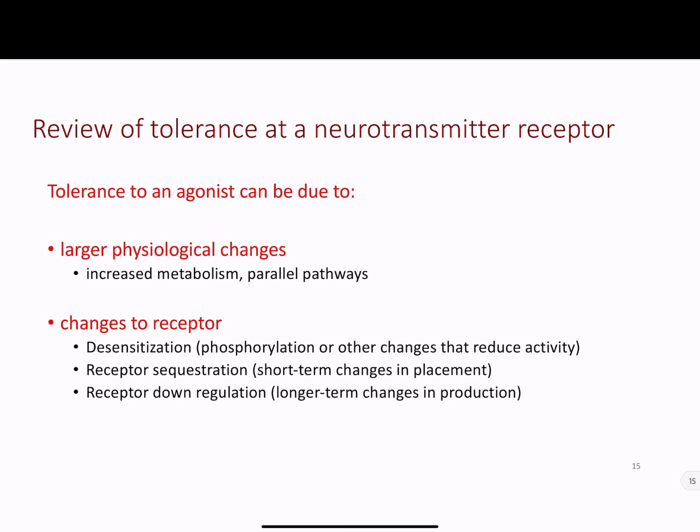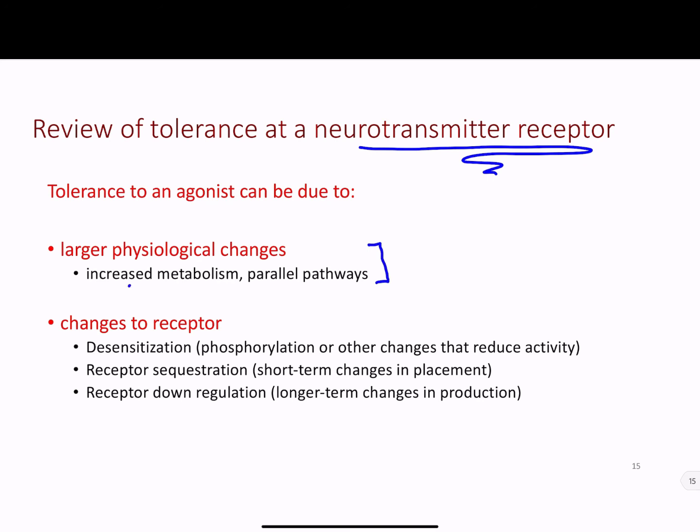And then super briefly, I know you talked about tolerance already, and tolerance was just when you've been taking an agent and your body responds to that in a way to try to create balance again, get closer back to the normal activity. So when we're looking at neurotransmitter receptors and drugs that act at those, and we look at tolerance, we can look at what happens when we put that drug in your system outside of your brain.